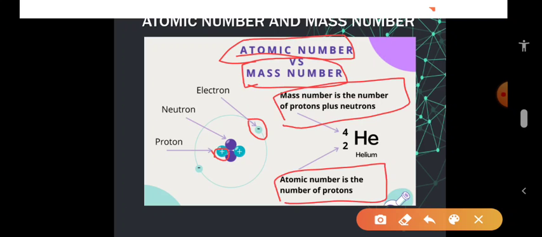Atomic number is the number of protons or the number of electrons. Anyway both are equal. Number of protons and the number of electrons are equal. So atomic number is the number of protons or number of electrons, and mass number is number of protons plus number of neutrons. See the definition here.